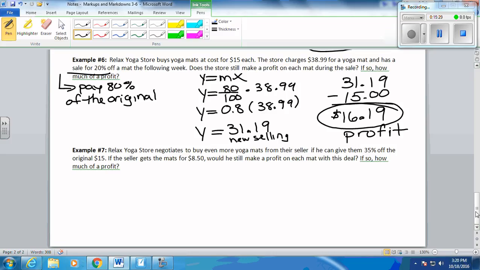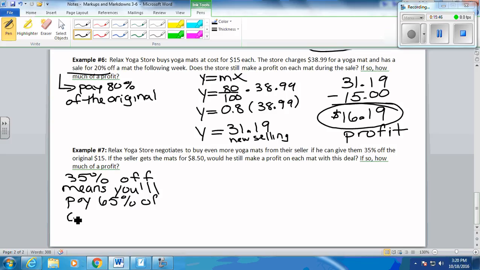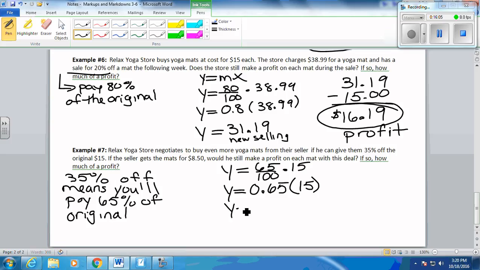So if you can give him 35% off, that means you'll pay 65% of the original. So I'm going to find 65% of 15. Again, I'm going to change 65 hundredths just to a decimal. Reminds me of the I equals PRT formula. Multiply those out, and I should get $9.75.